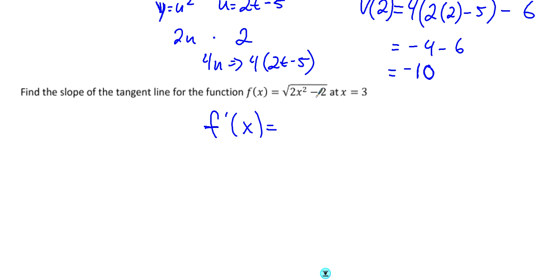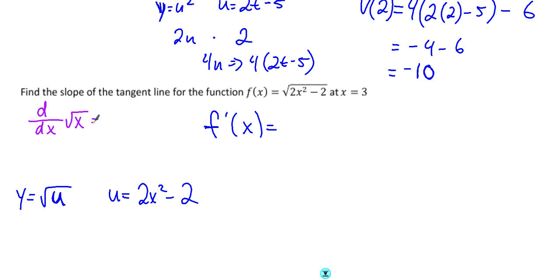Okay, so I'm going to come over here and say, my inside function is my 2x squared minus 2, which means y equals the square root of u. Now, we've done this problem many times. At this point, you should know that if you're taking the derivative of the square root of x, that's 1 over 2 square root of x.